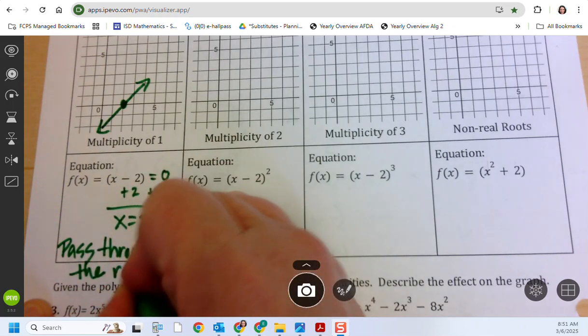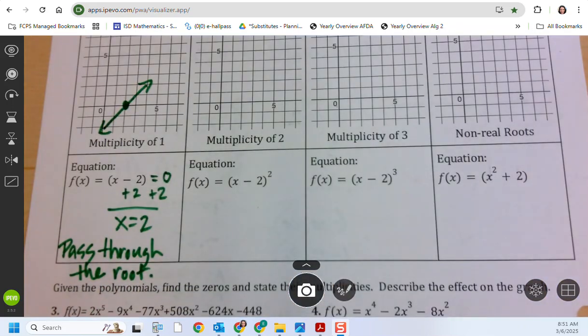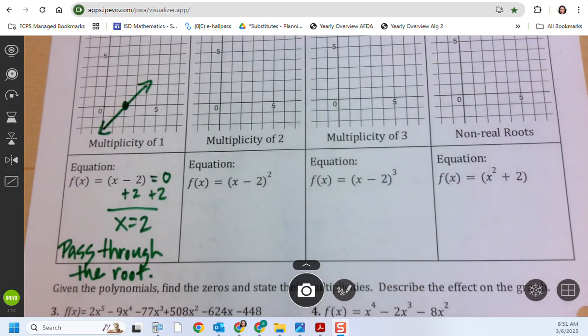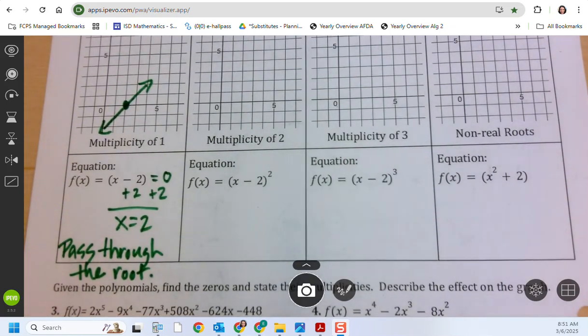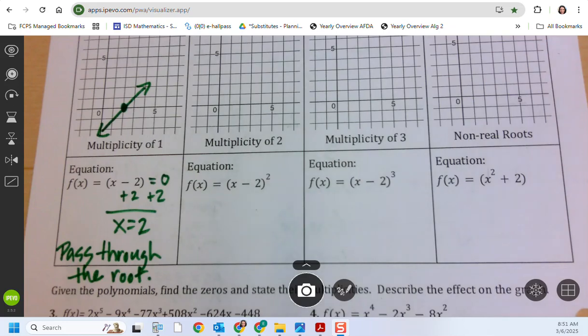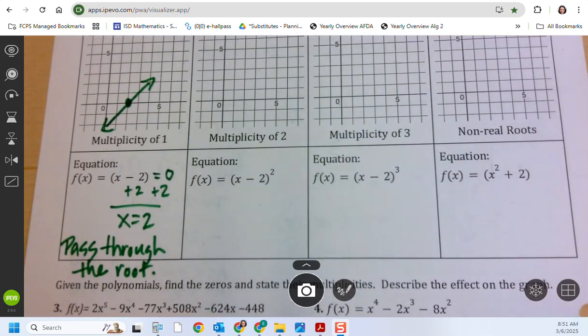I'll say root. And then what we discovered in the last graph was that when your factor is squared, then you're going to bounce off the x-axis at the root.